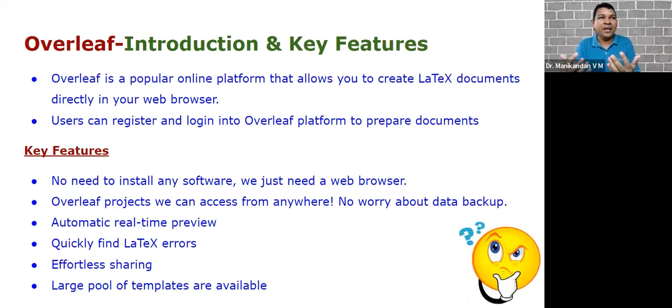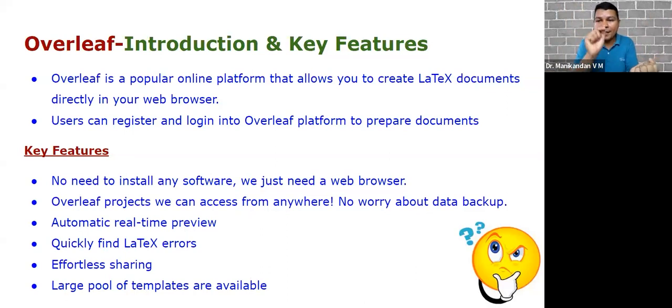You can just Google C program editor, then you will get many online editors. You can take any one editor and do the coding there, right? Similarly, LaTeX is a tool, a programming language kind of thing, which will help you prepare documents, or more precisely, research articles.